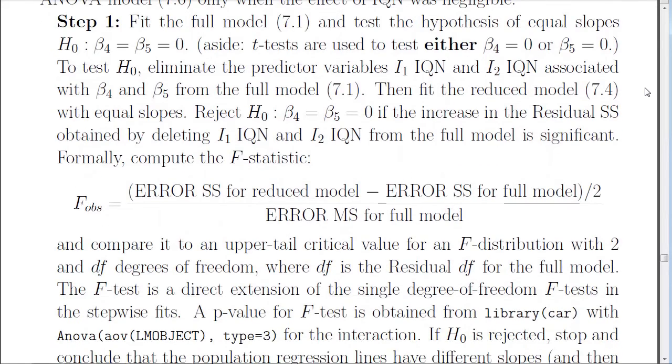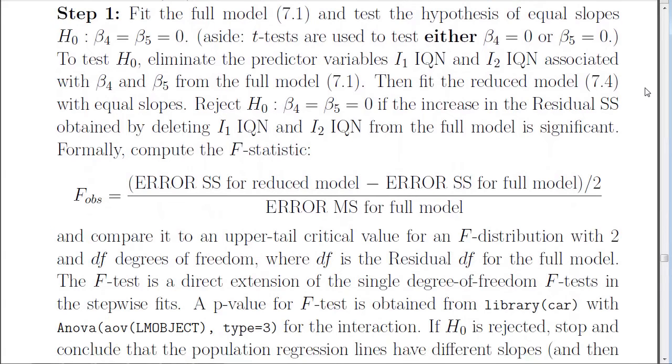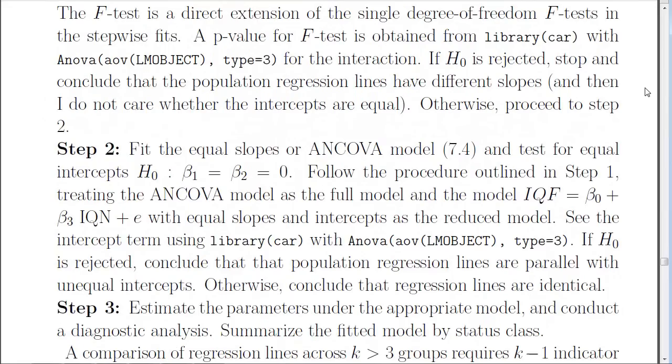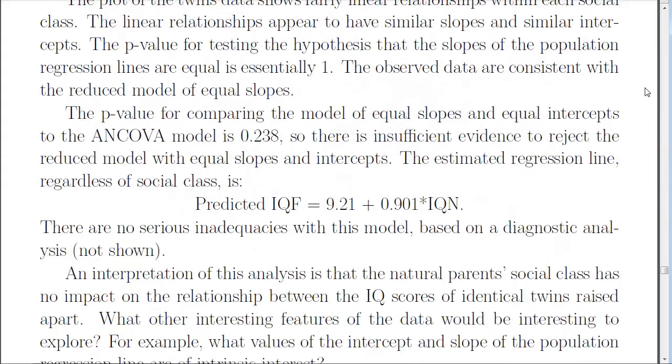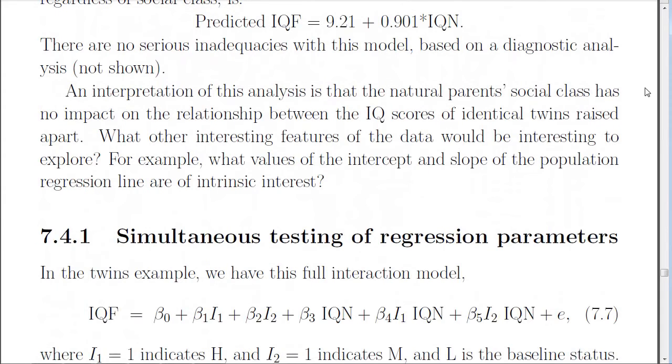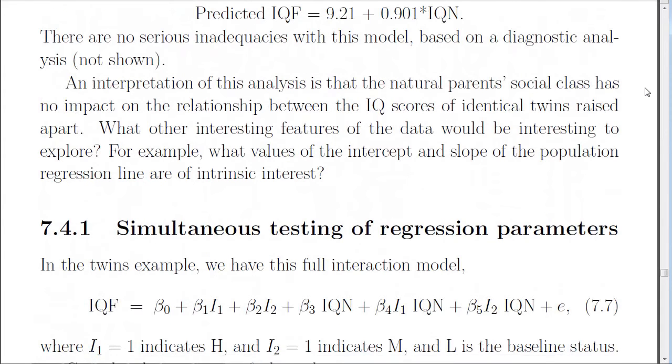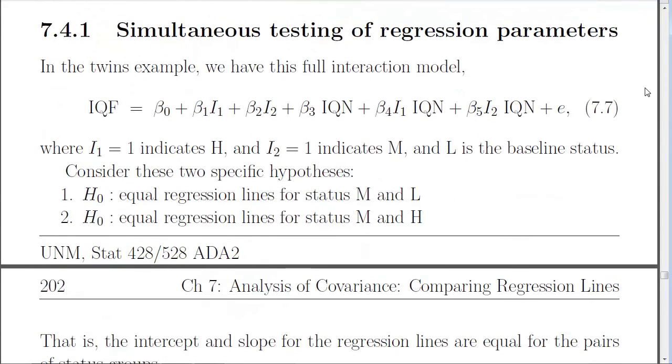Okay, and actually that's sort of what we did in the previous section. I recommend that you go ahead and read through this section. It does follow some of my explanation for how we went through the previous models in that previous section.